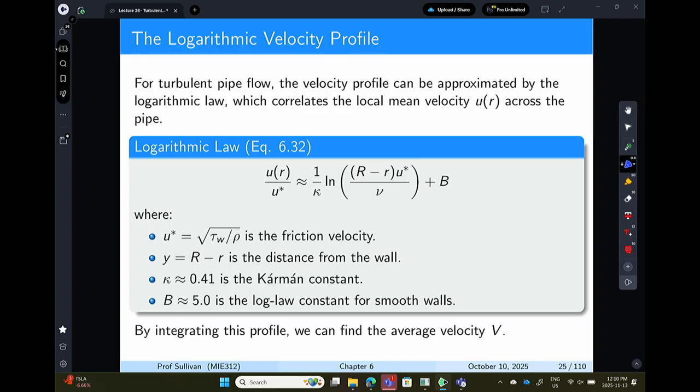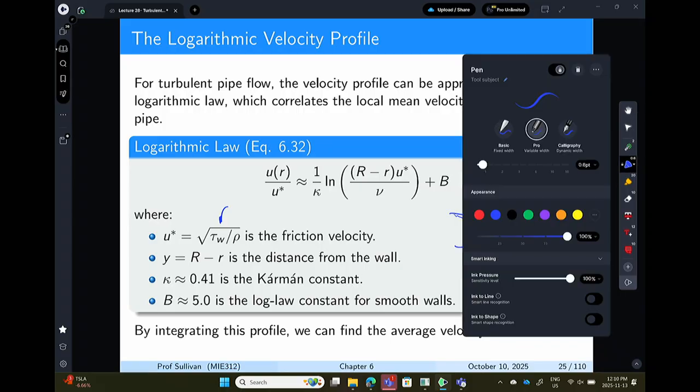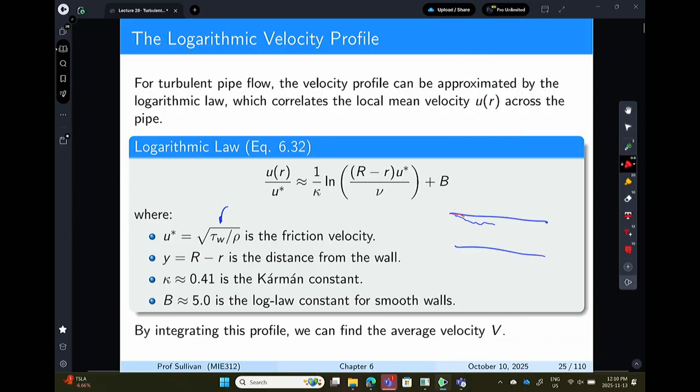Okay, for turbulent pipe flow, the velocity profile can be approximated with this log law. And the log is just U of r over friction velocity. Friction velocity is shear stress at the wall. And if you remember, shear stress at the wall is the result of flow coming down a pipe and being stopped at the wall.